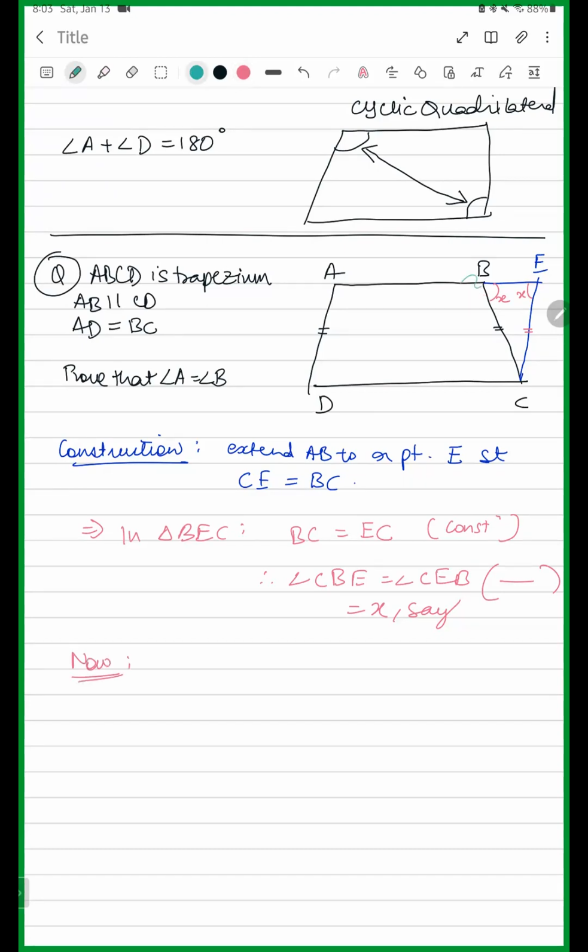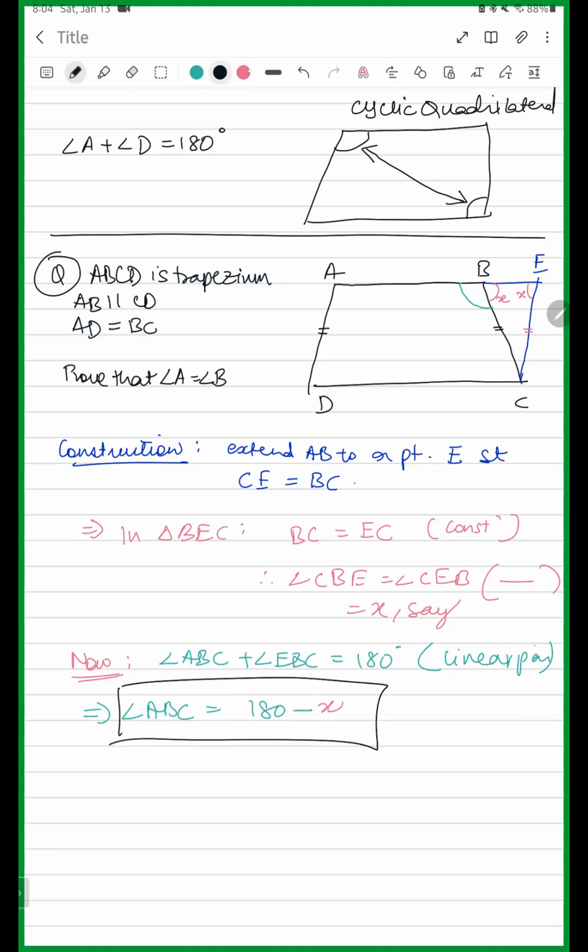Now, this angle over here, angle ABC plus angle EBC is 180 because they form a linear pair. That means angle ABC is equal to 180 minus angle EBC, which is x. So your angle ABC is 180 minus x.